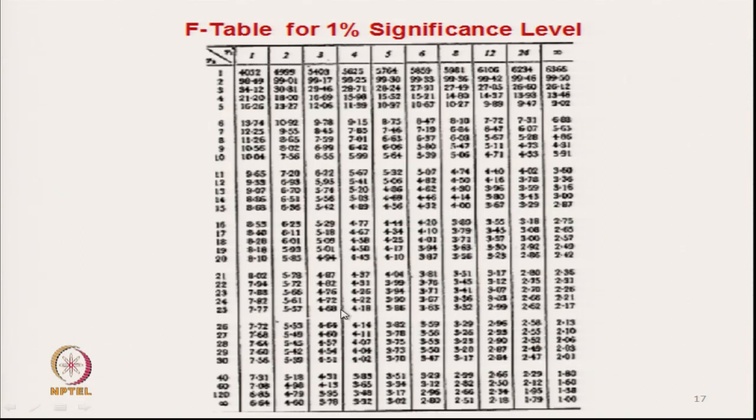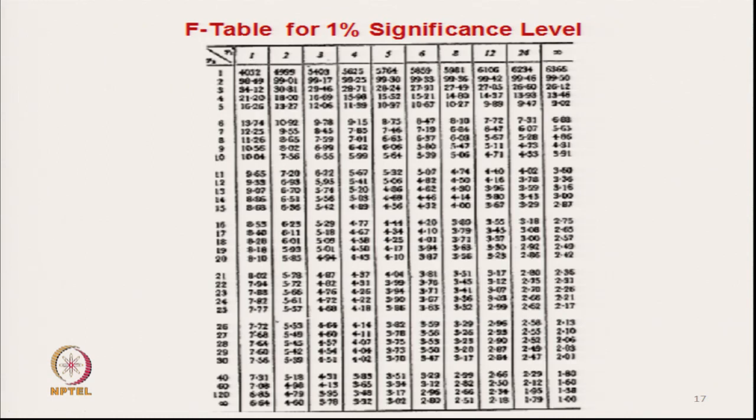Now, we can see here the standard table is for the 1% significance level, that means 99% confidence level. In this horizontal row is the degree of freedom for V1, that means the number of samples minus 1.